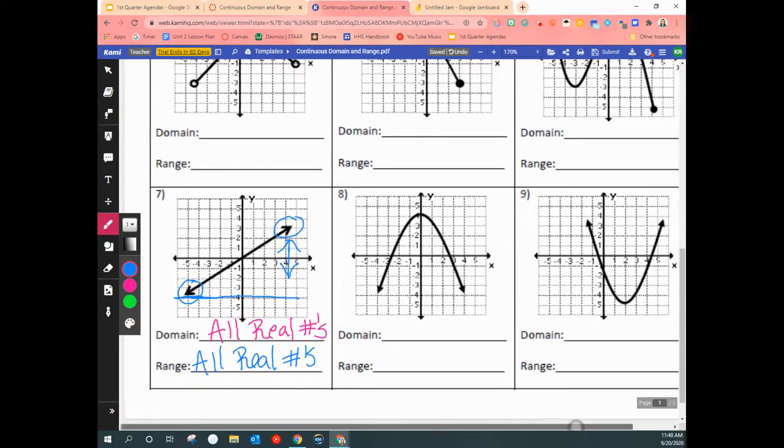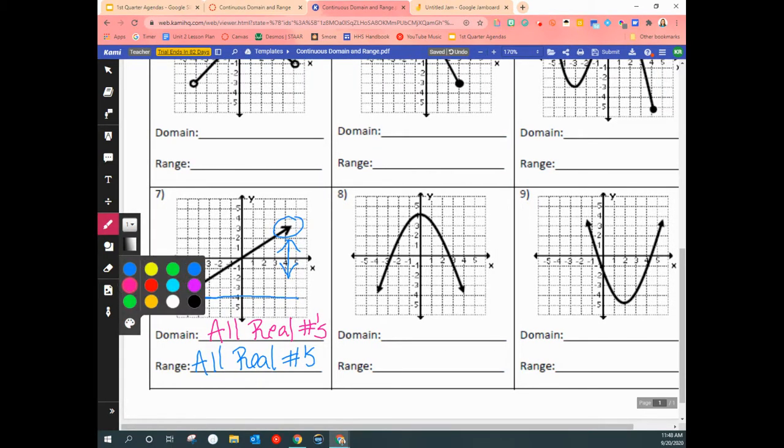So let's look at number 8 then. We're going to talk about our domain, which is our x, left to right. Does my picture actually stop here? I agree, my picture on this page doesn't go any further. But wait a second, look very closely here. What do we see at each endpoint? Well, I see arrows. So that means even though my picture stops here, my actual graph, the line, never stops.